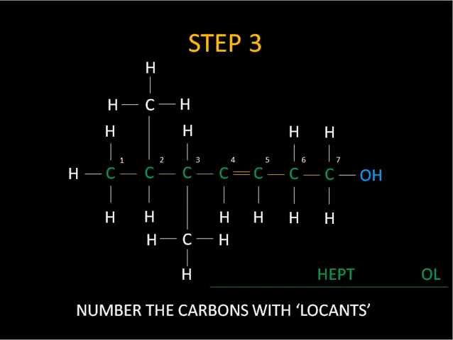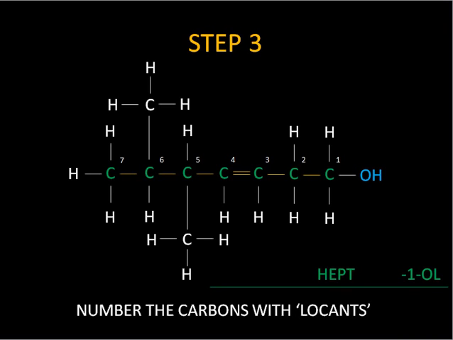Number the carbons with locants. Now, by locants, I just mean giving them numbers from one side of the chain to the other, so 1, 2, 3, 4, 5, 6, 7 in this case. Now here, I've presented it as going from left to right, but actually, in this case, it should go from right to left. But why?